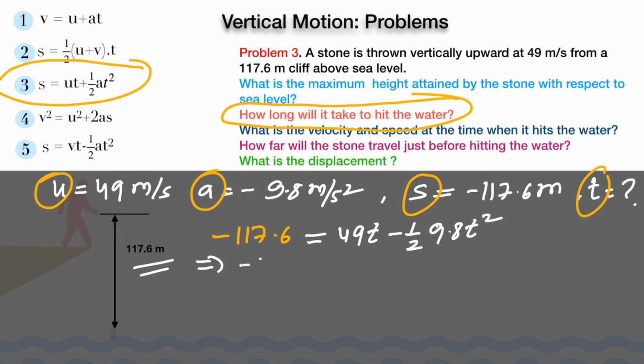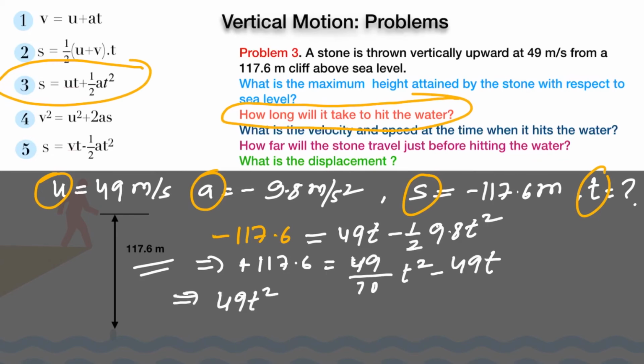This is 117.6 equal to, you can put this positive, 49 by 10 t square minus 49t. If you further simplify it, minus 490t, and this 10 multiplied here also, so this is 1176 equal to 0. So this is a quadratic equation and we need to factorize it.